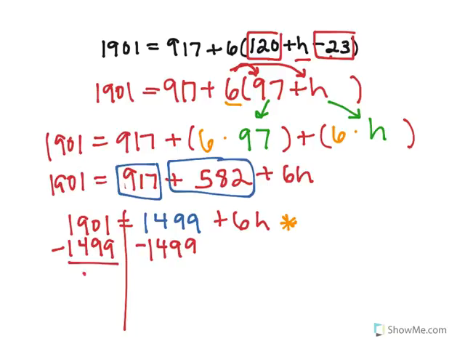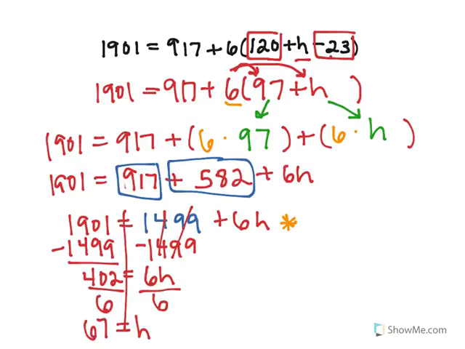When I do that, I end up with 402 on the left and 6h on the right, because these two are going to cancel. And then our final step is to use the law of reciprocals to divide. So we're going to divide by 6 to get h alone, and that means that h equals 67.